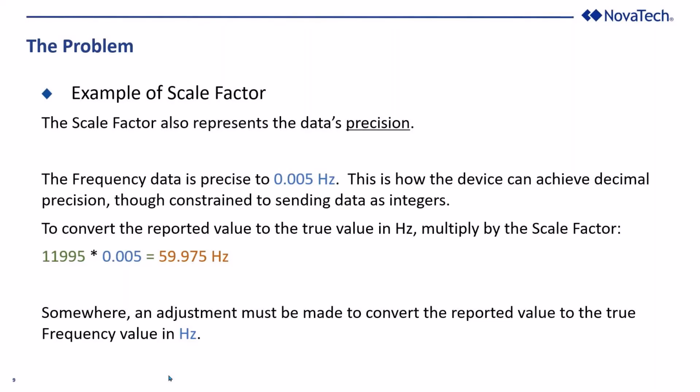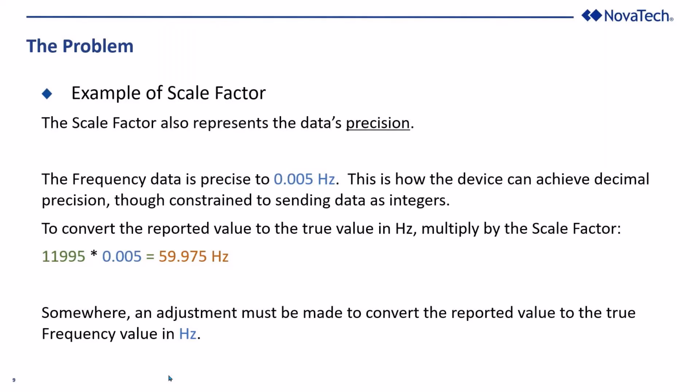So if that frequency scale factor is 0.005, well, that's also the precision of that measurement, because since each one integer represents 0.005, the measurement that's getting sent across has a precision. You can have precision of that data down to 0.005 hertz.